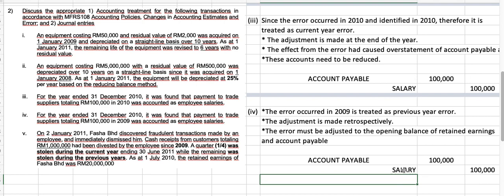We don't correct salary for this year because salary for this year is not wrong. What is wrong is the previous year salary. So what we do is we credit the retained earnings. So that will be debit account payable, credit retained earning, 100,000. That's it.